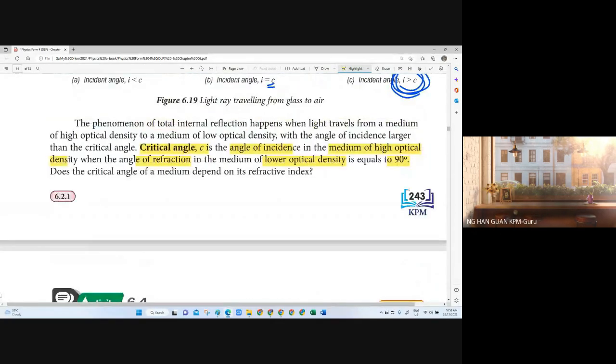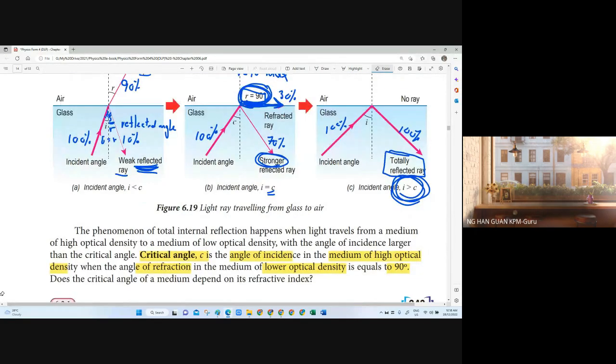So if we go back to the formula that we learned in 6.1 before this, according to Snell's law, we have N1... I reverse it so that I can divert it to this diagram.